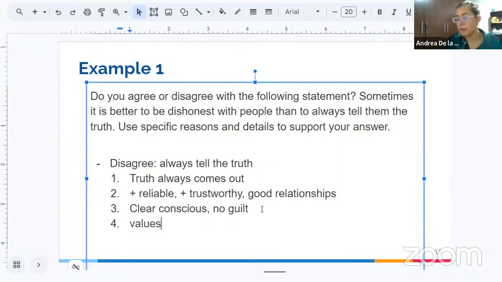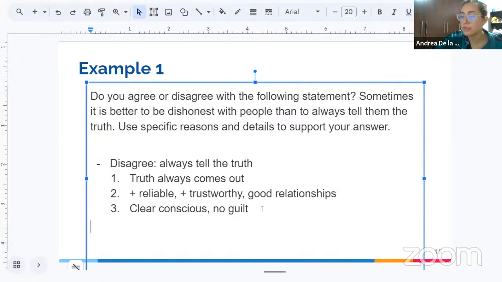So maybe if your reason is just based on value, although that may be a good reason, that's something that's really hard to justify, right? It's something hard to elaborate on, because you're gonna say that, yeah, you gotta be honest because it's an important value, but what else are you gonna say about that, right? It's hard to show evidence, it's hard to prove that point, because it's something very subjective, right? Values. So I would not go for that option, for example, right?